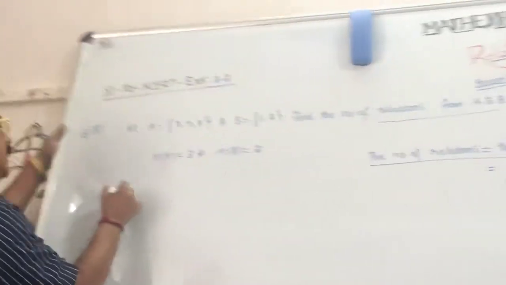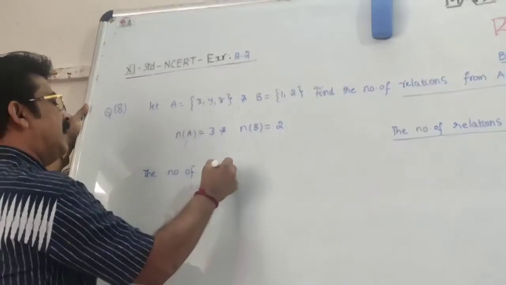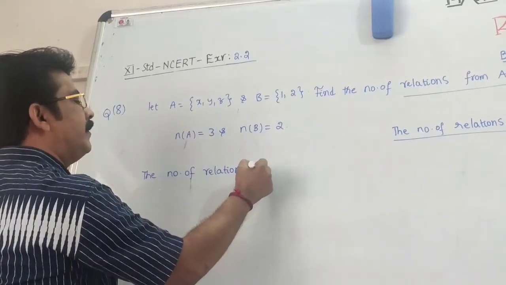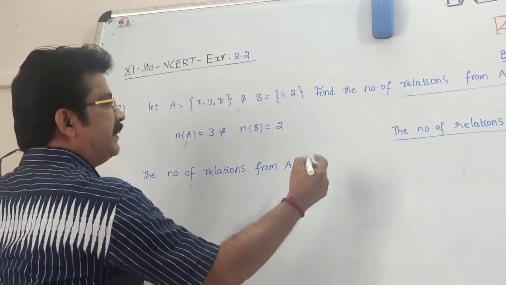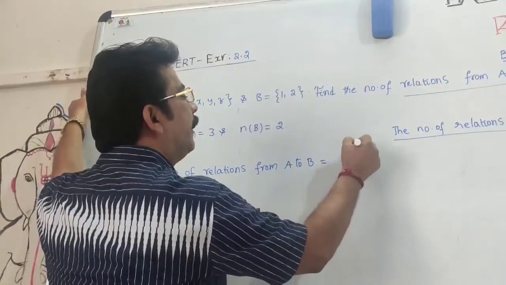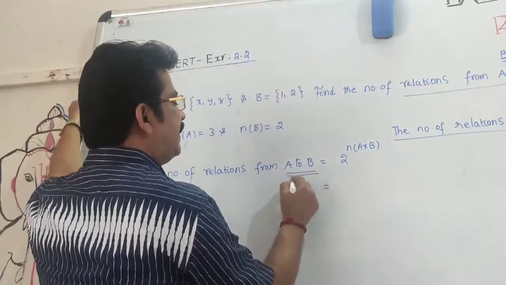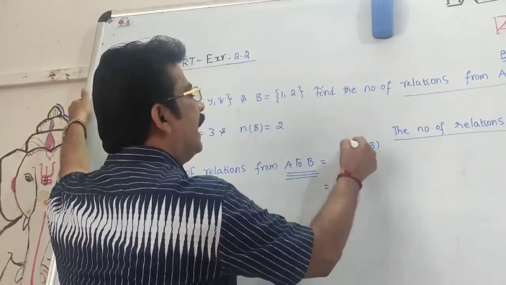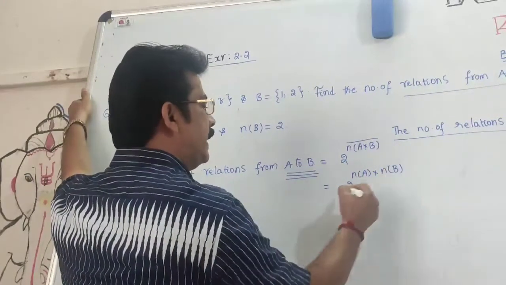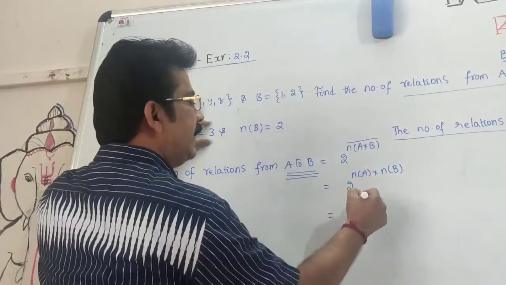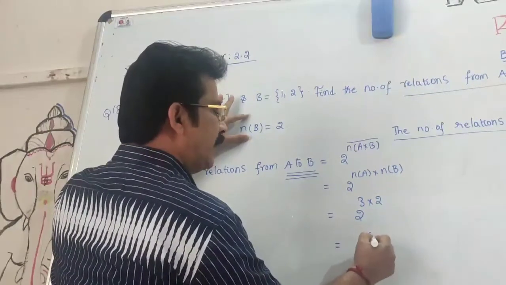So the number of relations from capital A to capital B is equal to 2 power n(A cross B), because it is given from A to B. Actually, this formula is n(A) into n(B), so 2 power, what is n(A)? 3, into what is n(B)? 2.